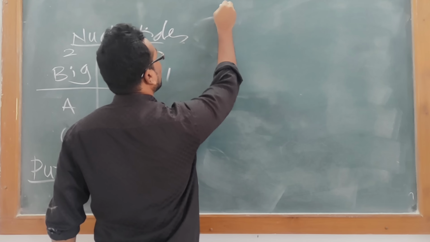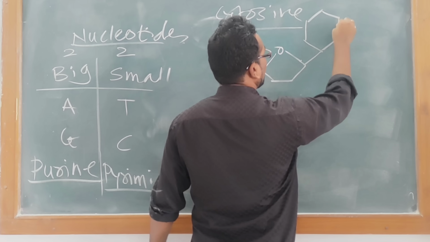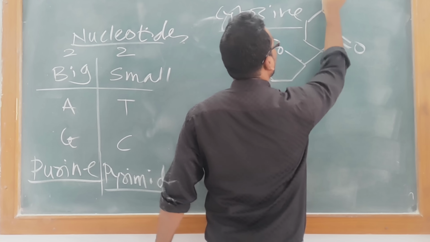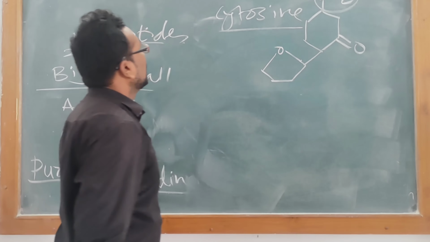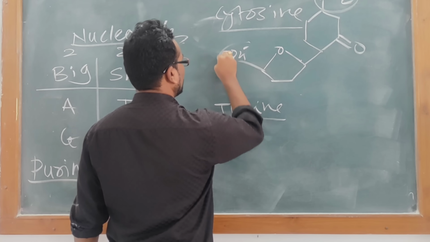In the case of cytosine type of nitrogen base, nucleotide, in which we have a central sugar molecule, we will have attachment of an amino group in the cytosine type of nucleotide. In thymine, here you should show the phosphate group present.